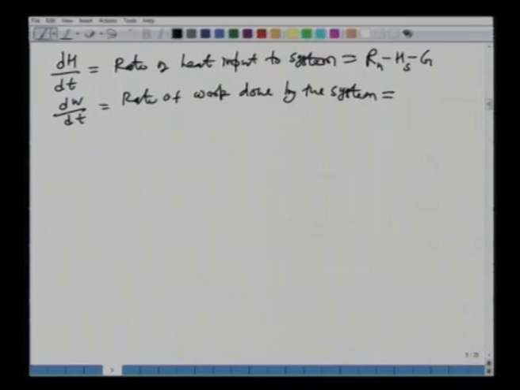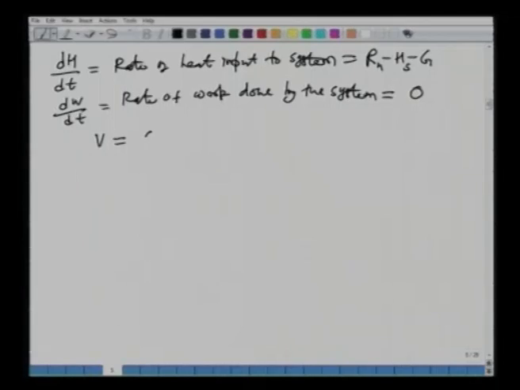So, what we will then say is that this dW by dt term is equal to 0. There is no work done on the system in the natural process of evaporation. Now, what is V? V is the velocity of water in the evaporation pan, which is extremely slow. So, for practical purposes, we say that it is 0 for water in the evaporation pan.